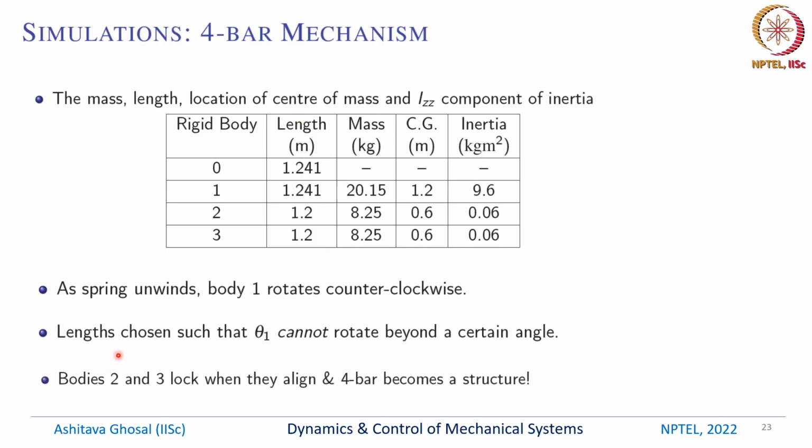Bodies 2 and 3 will lock when they align, and the 4-bar will become a triangle. If you go back to some statics, a triangle is basically a structure. The degree of freedom of a triangle is 0. From the number of links, the number of joints, and so on, you can see that the degree of freedom is 0 and it will become a structure.